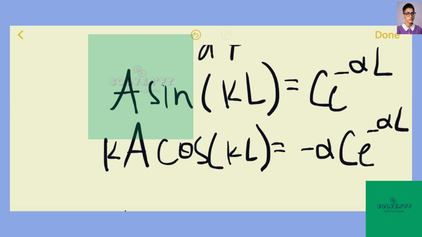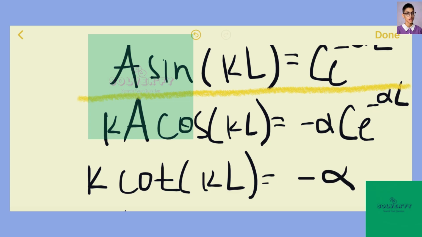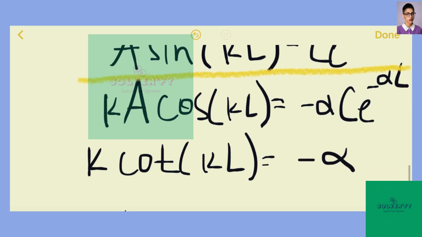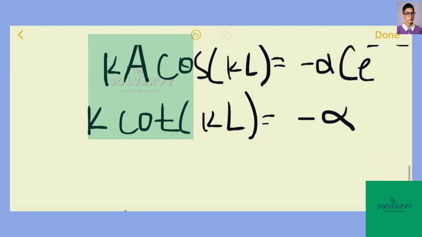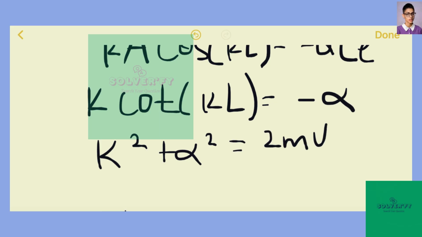Okay, so the easiest thing to do would be to divide the two equations, and you will get k cotangent of kL is equal to negative alpha. So the dependence on E, you can see it if you show that k squared plus alpha squared is equal to 2mU over h bar squared.